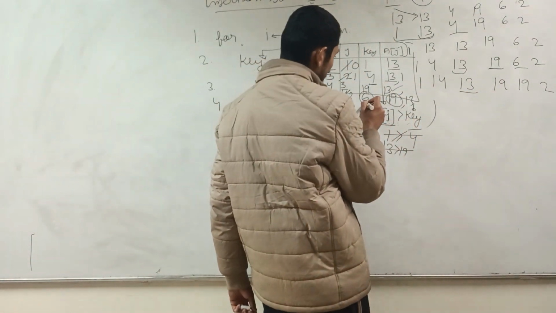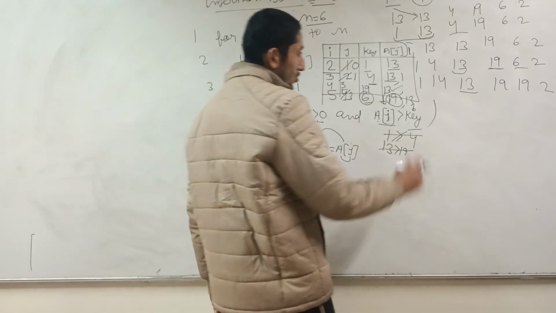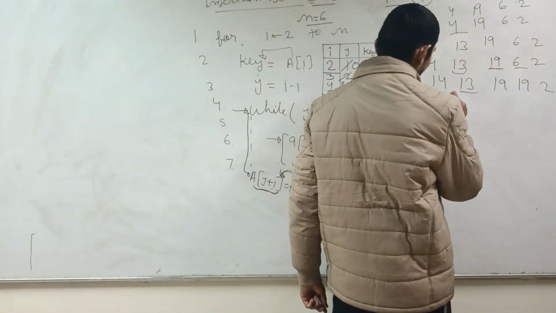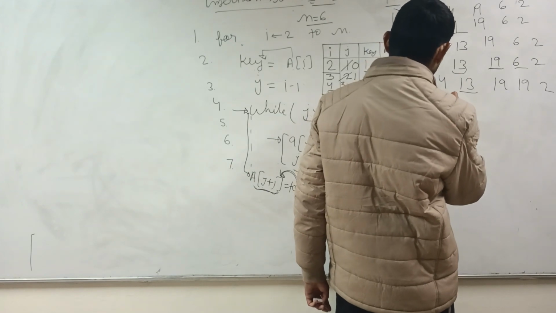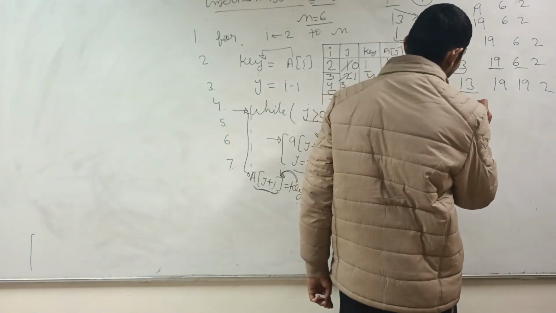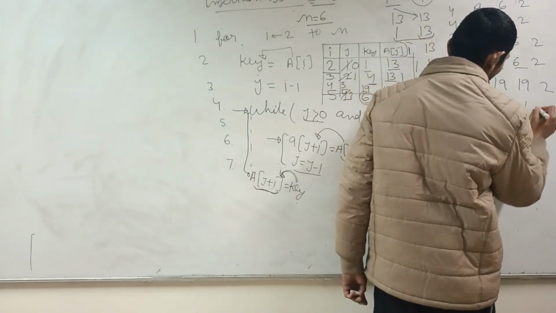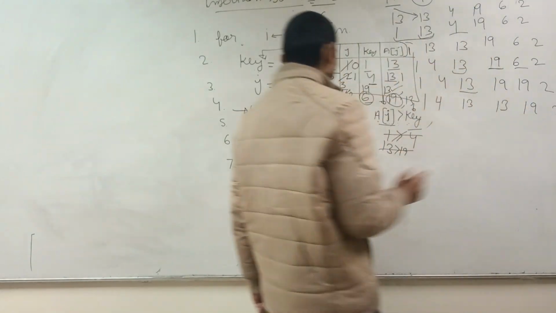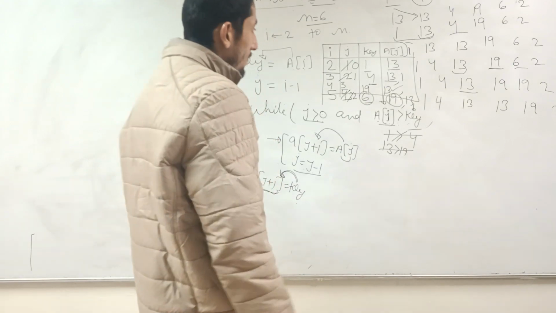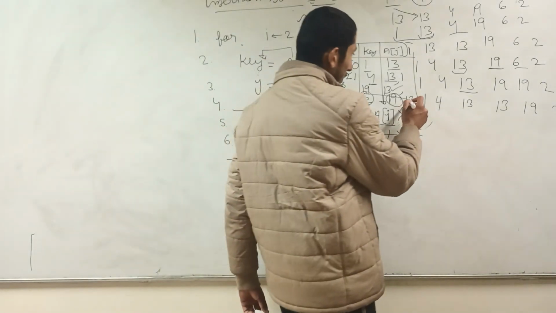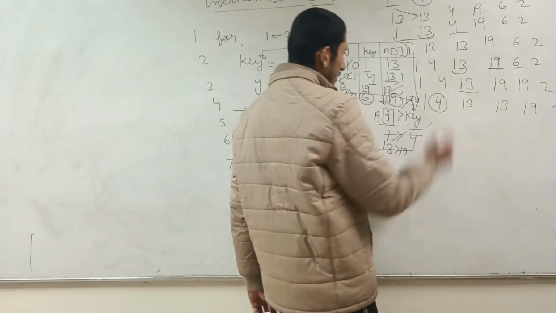What is the value of key? 6. Again, condition becomes true. What will happen? Then value of j becomes 2. The moment the value of j becomes 2, the value of key becomes 4. That is this one.